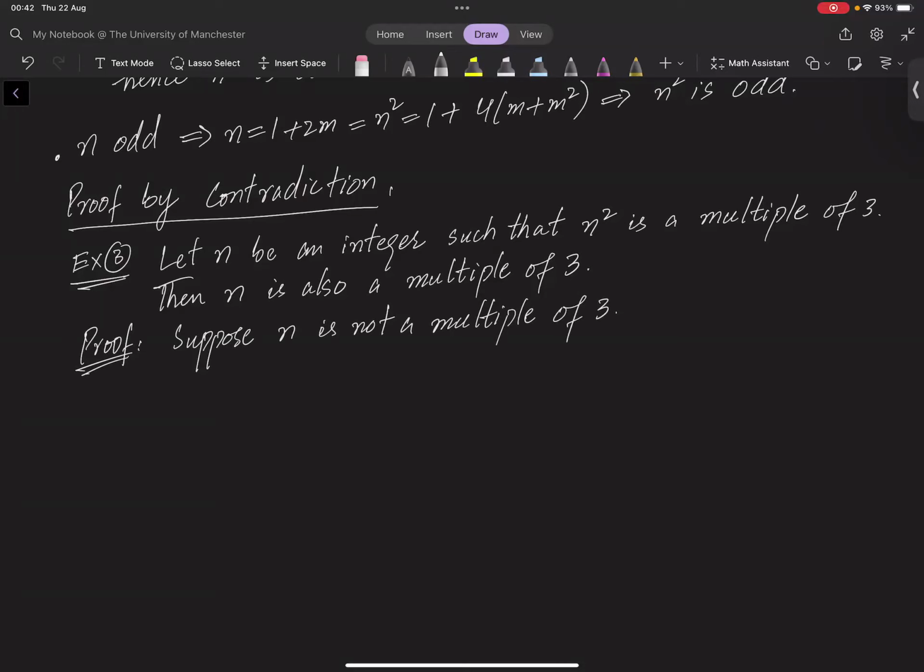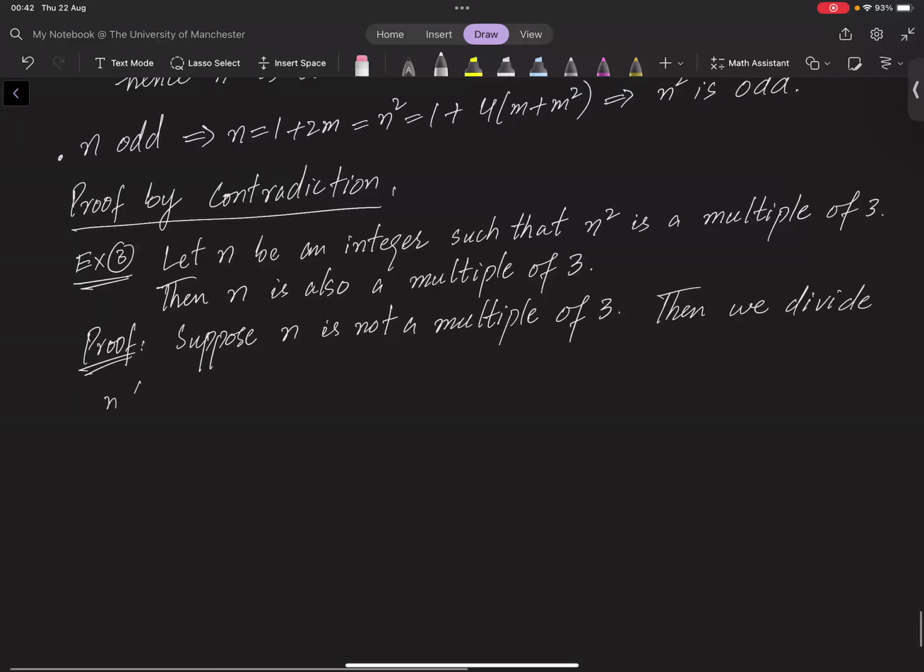Okay, then we divide n by 3. We get a remainder of either 1 or 2.